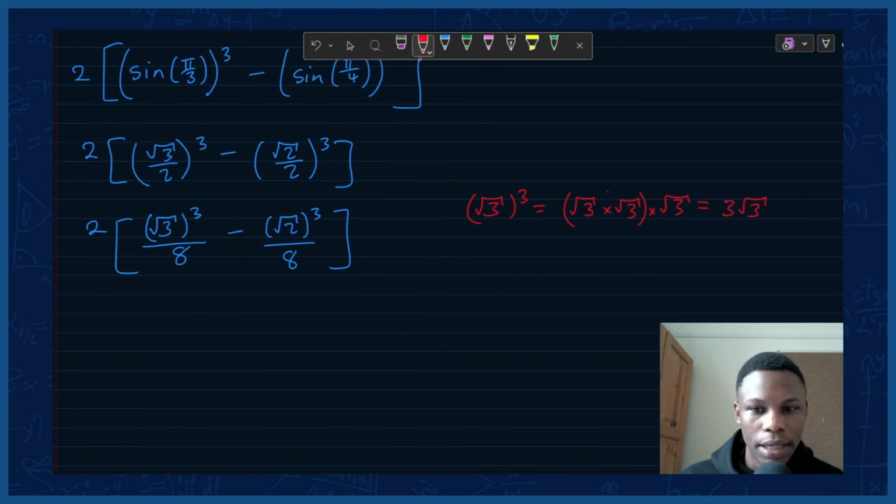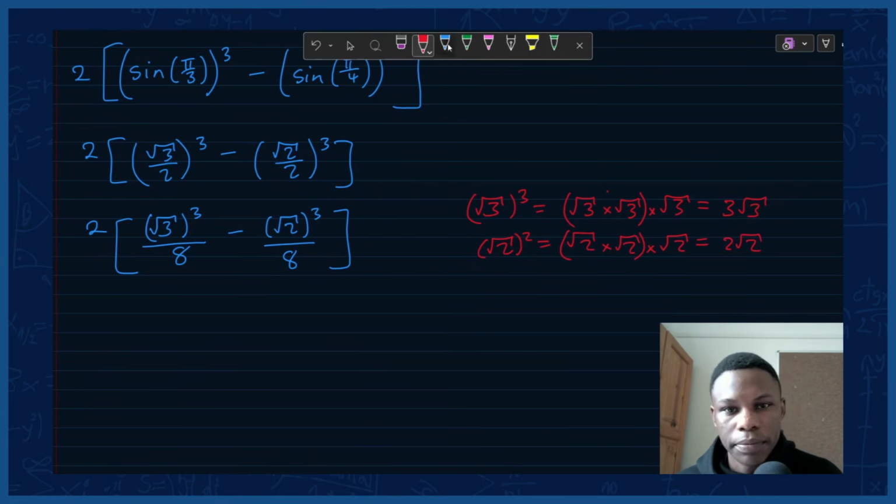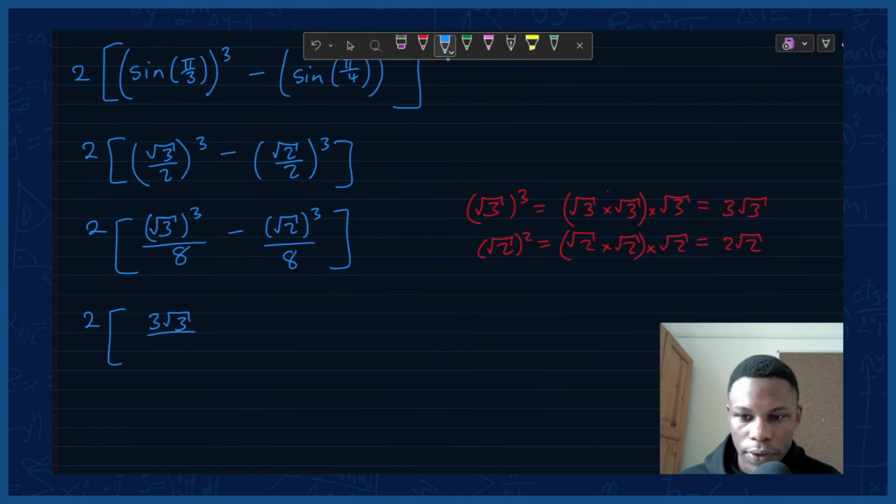So 3 root 3. And similar idea for root 2 cubed. It becomes root 2 times root 2 times root 2. And if we put brackets there, this is root 2 squared, which is just 2, so 2 root 2. So what we have is 2 times 3 root 3 over 8 minus 2 root 2 over 8.